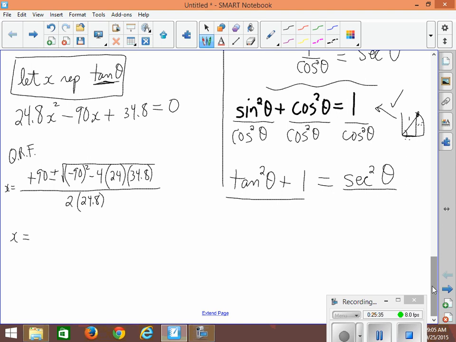X would be 90 plus or minus, and if we figure out this next term, we have to take 34.8 and multiply it by 24 and multiply it by 4, which is a fairly large number, but we have to add that to 90 squared and hope that it'll work, and then take the square root. I ended up getting about 69-ish. Did anybody else get that? We'll double check. After you take the square root, that all works out to a nice positive 69.